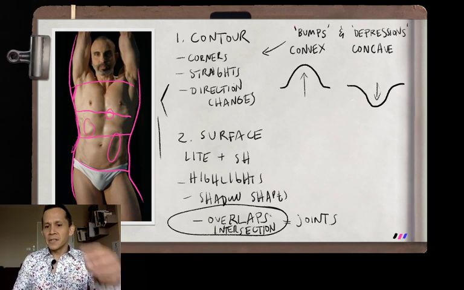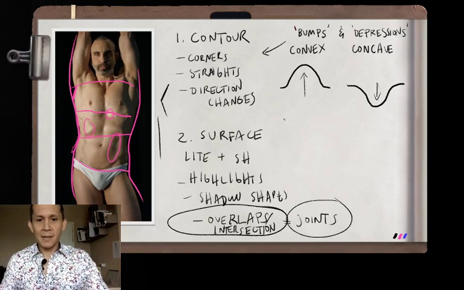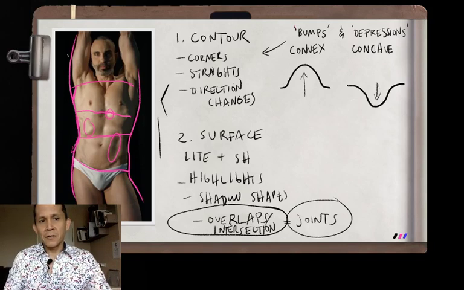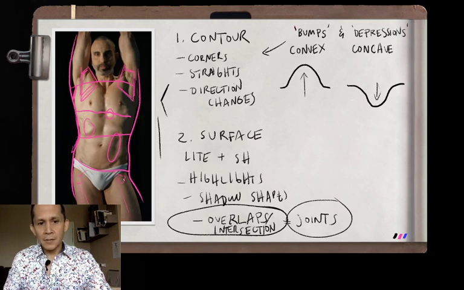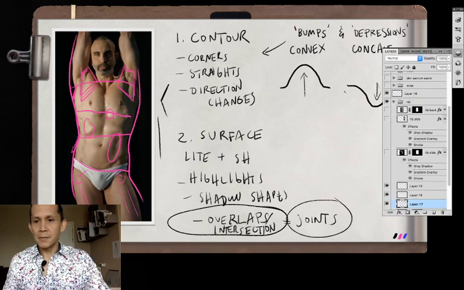An overlap or an intersection is probably a joint, and lots of anatomy happens at the joint. And for sure at the shoulder, we can see in the back, we'll see a lot of overlaps and intersections that will lead us to the scapula. And at the hip, we'll see the trochanter. I forgot to talk about that. It's the head bone of the femur.